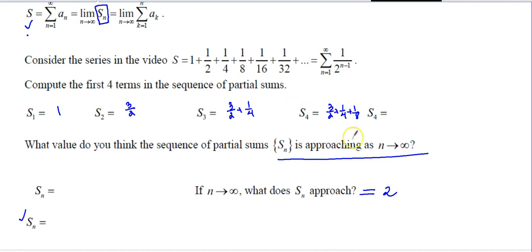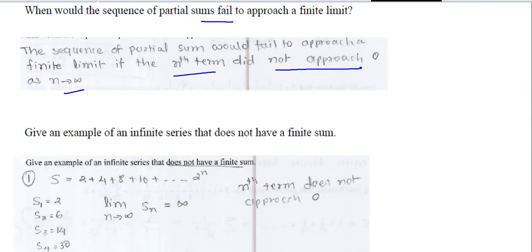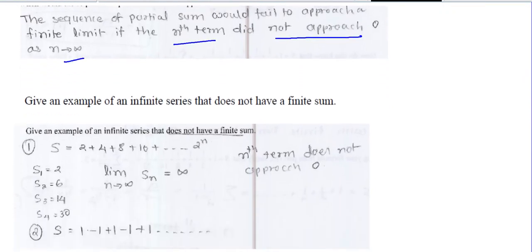This is just a part of deriving how we got this answer. The answer is going to be on the next page, and we just have to know that formula. Here is an example of an infinite series that does not have a finite sum. The biggest example is an exponential growth function.